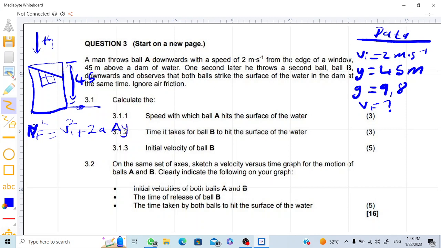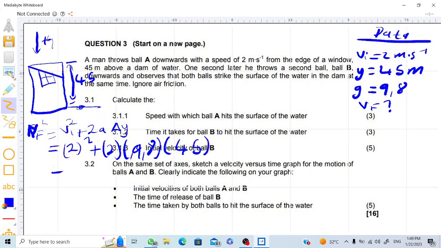We are using delta y because we are dealing with a vertical motion, not the horizontal motion, so we're not going to use delta x. Now v initial is given for ball A, which is 2 squared plus 2 from the formula, into 9,8 for a, into height, which is 45.